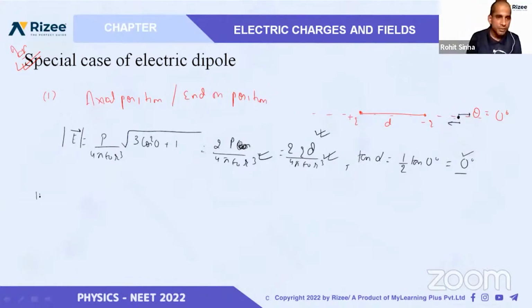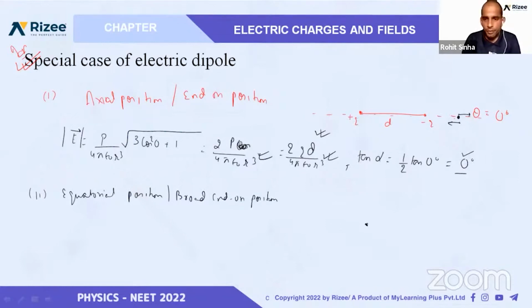The second special case we are dealing with is the equatorial position, or it is called the broad end-on position. If we have two charges, plus q and minus q, and a point which is mutually perpendicular, at this point P we have theta equal to 90 degree.